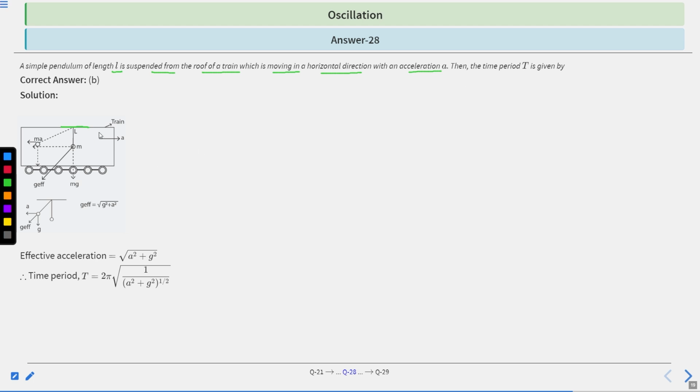So when a pendulum is suspended from the roof of a train, the weight is acting vertically downward, which is mg.